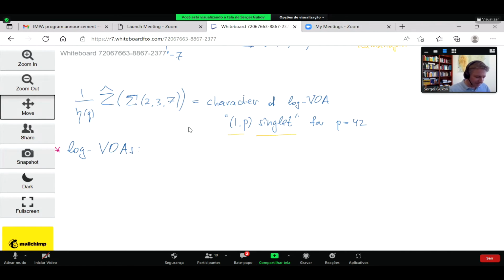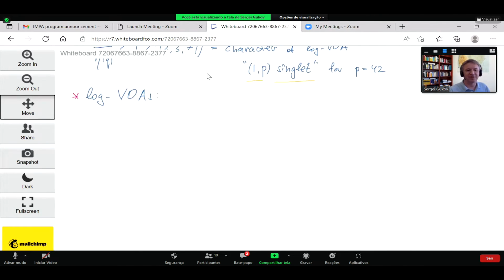Before I explain what a singlet is, let me summarize some of the key features or related properties of logarithmic vertex algebras.